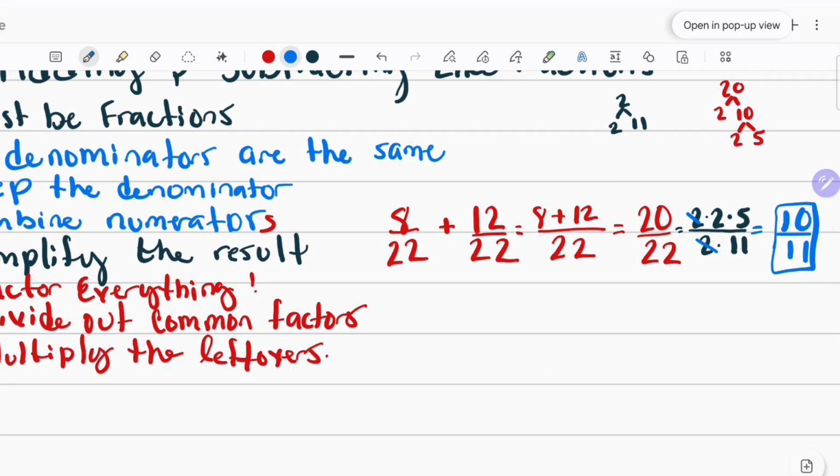That's too big. Okay, try this: 1 and 6 over 36 minus 10 over 36. Let's try that.